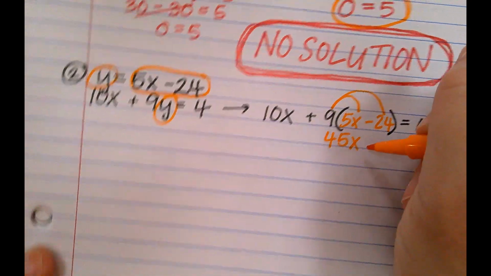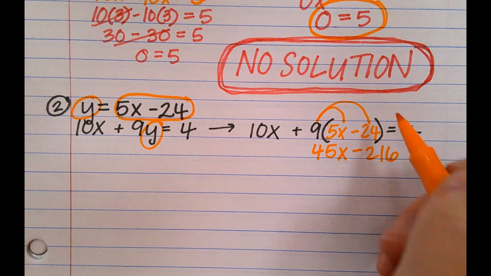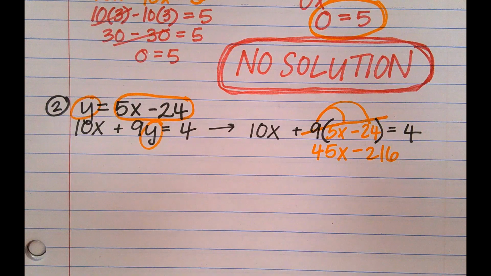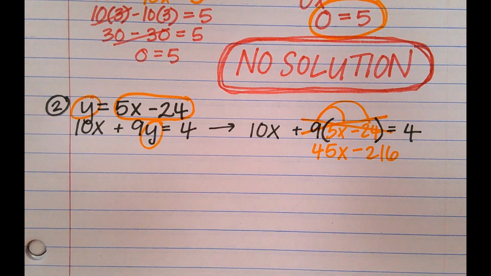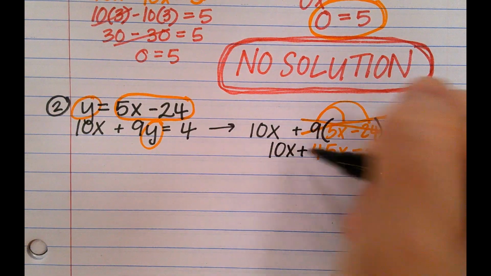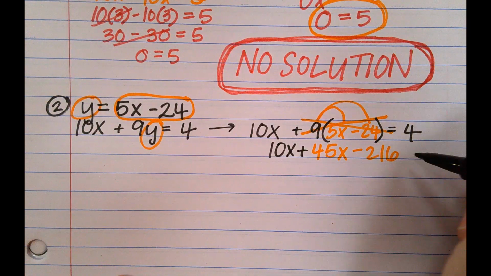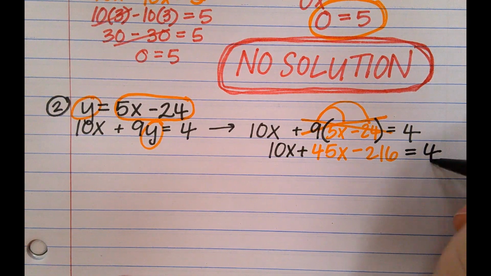Negative 216. Perfect. So I'm going to cross this out so I don't accidentally bring it down. And what comes down? Bring down 10x plus and equals 4.